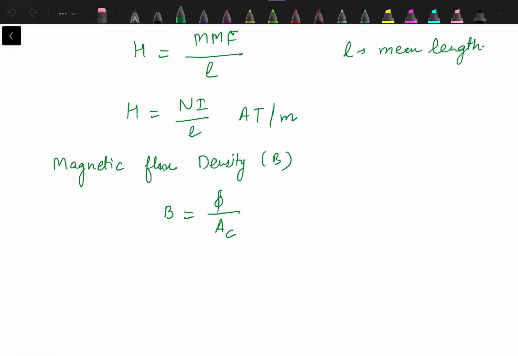We also know that the flux density is related to the magnetic field intensity by the relation B is equal to mu into H, where mu is equal to mu naught into mu r.